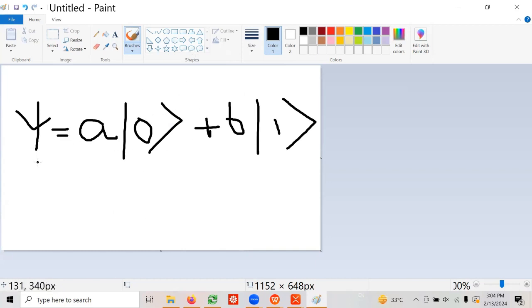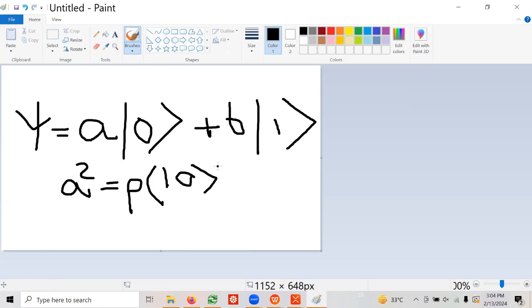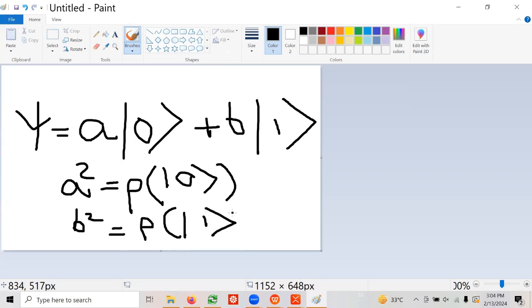Now, A squared is equal to the probability of 0, and B squared is equal to the probability of state 1. Just remember this.